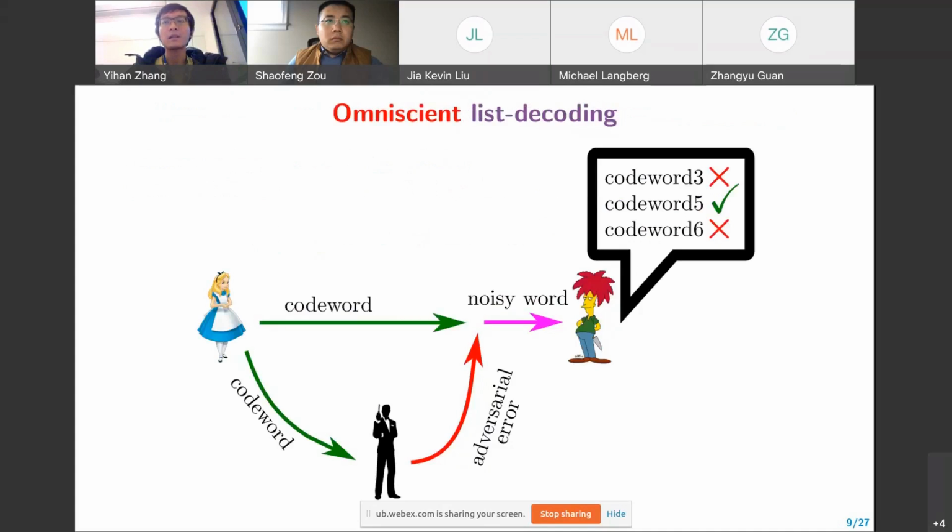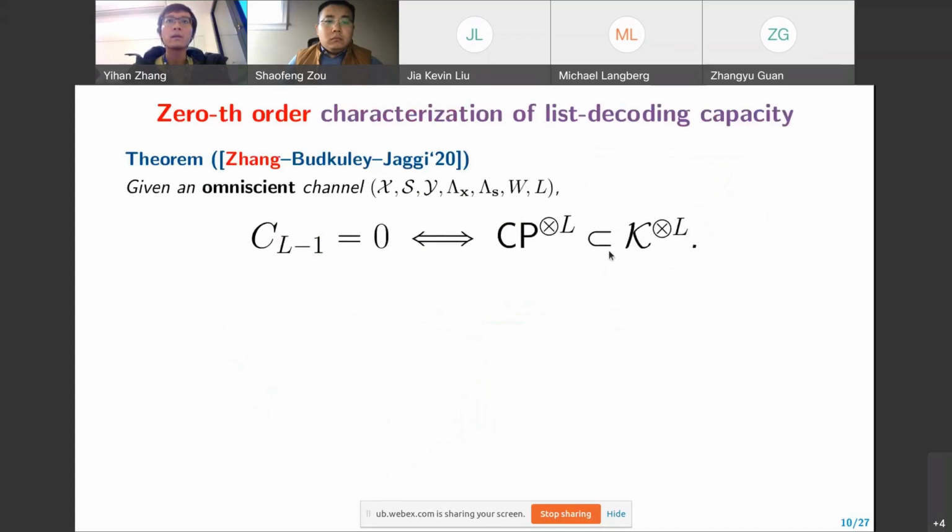So the model is exactly the same as before. It's just that I relaxed the decoding goal. And basically, every bit of the previous theory can be pushed to this setting as well. And we also have some zeroth order characterization of the list decoding capacity, which looks like this. Now, these things are the tensor version of the previous sets of joint distributions.